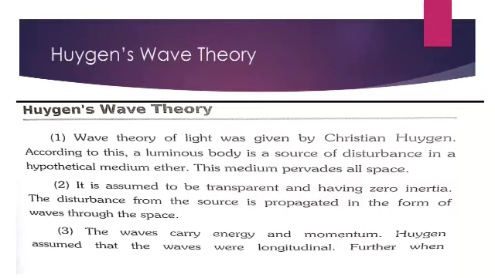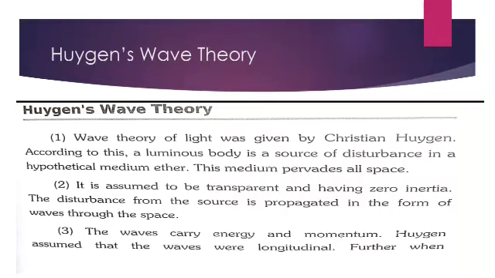That means Huygens said that every source of light creates a disturbance, and it propagates in a hypothetical medium called ether, and this ether medium is spreading over all space.